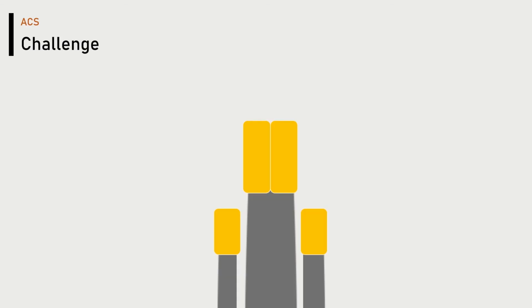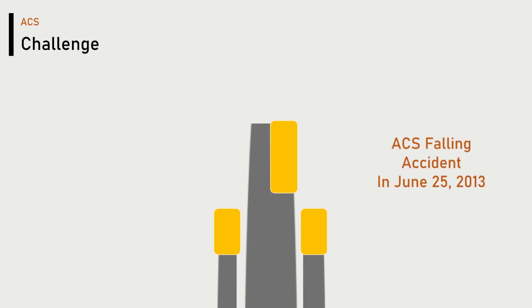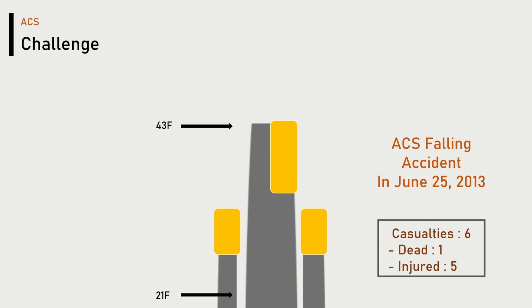Most typically, during the construction process, this mold collapsed once. This occurred on June 25, 2013. A worker working on the 43rd floor of the construction site fell to the 21st floor along with the ACS structure and died, while 5 workers who were working on another part of the 21st floor were seriously injured by debris from the structure.